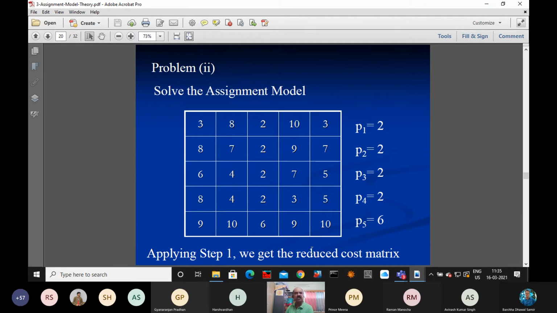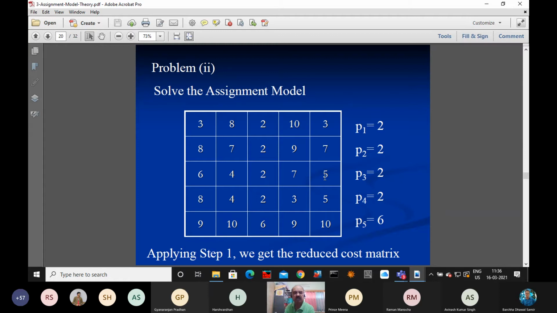And in the fourth row, the minimum value is also 2. We subtract. Here, luckily, there are all 2s in the first, second, third, fourth rows. And in the fifth row, the minimum value is 6. We subtract 6. After subtracting, we see whether in every row and every column there is a 0 or not. So every row and every column there is 0. But already I have told you, in the subtraction process, the optimal solution is not changing.